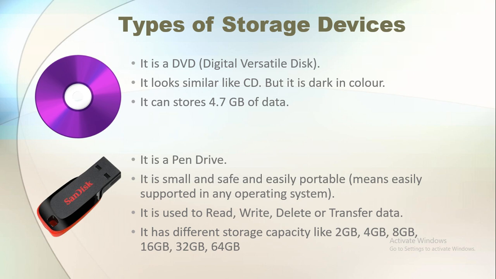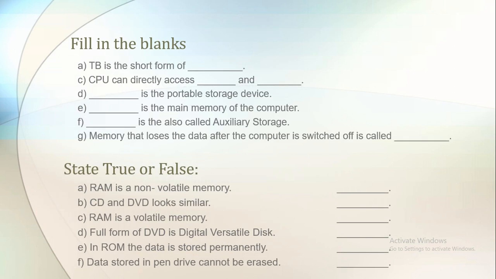It is available in different storage capacity like 2 GB, 4 GB, 8 GB, 16 GB, 32 GB and 64 GB as well. Okay. So it's all for today, and at last we have some questions.